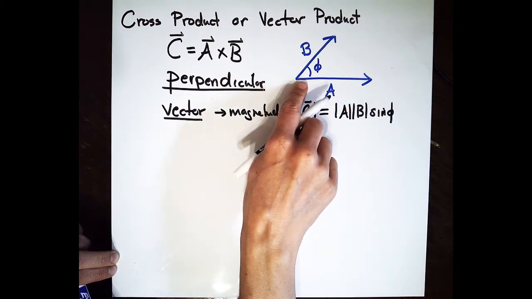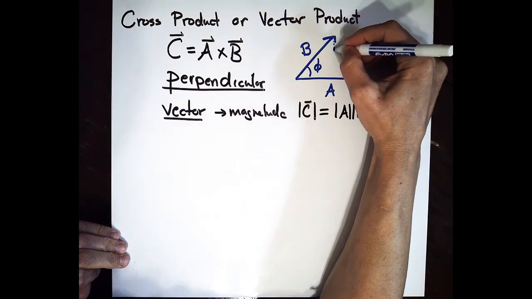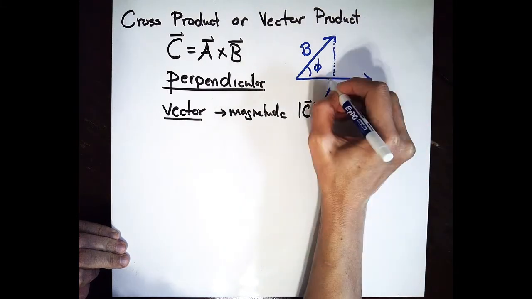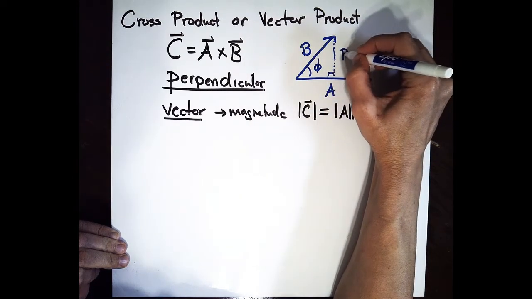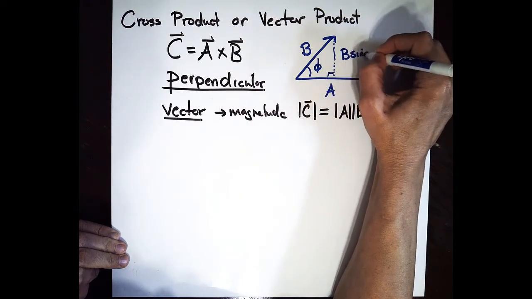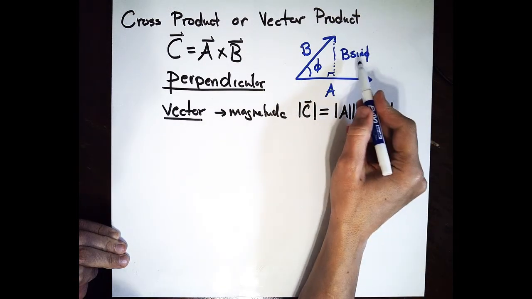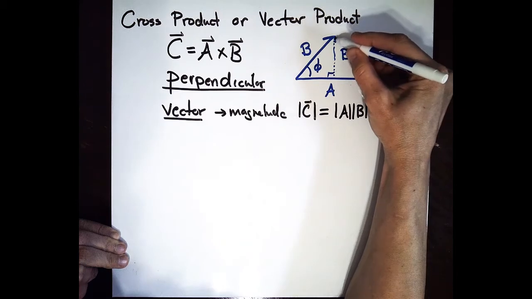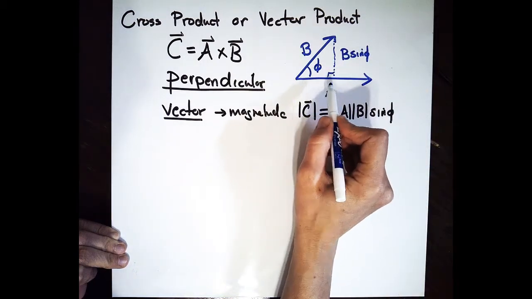And if we make maybe a little right triangle here for the vector B, well, this side of the right triangle here, that's going to be the magnitude of B times the sine of that angle because it's opposite this angle here. And this here, that is the perpendicular component of B when you're measuring from A.